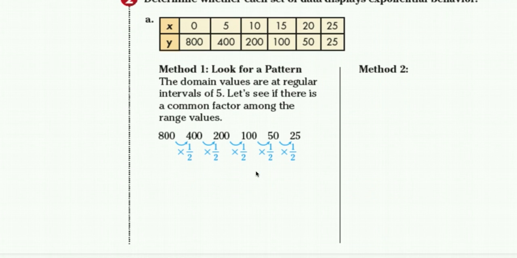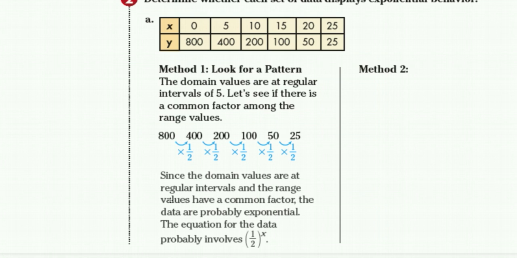Since the domain values are at regular intervals and the range values have a common factor, the data are probably exponential. So the equation for the data probably involves 1/2 raised to the x power. Again, this is considered to be an exponential function because your domain values are at regular intervals and you have a common factor for your range values.